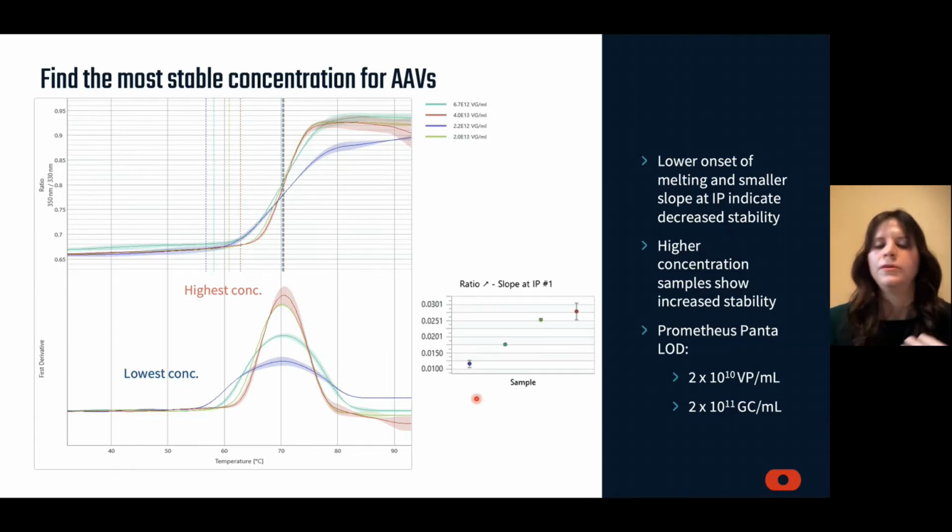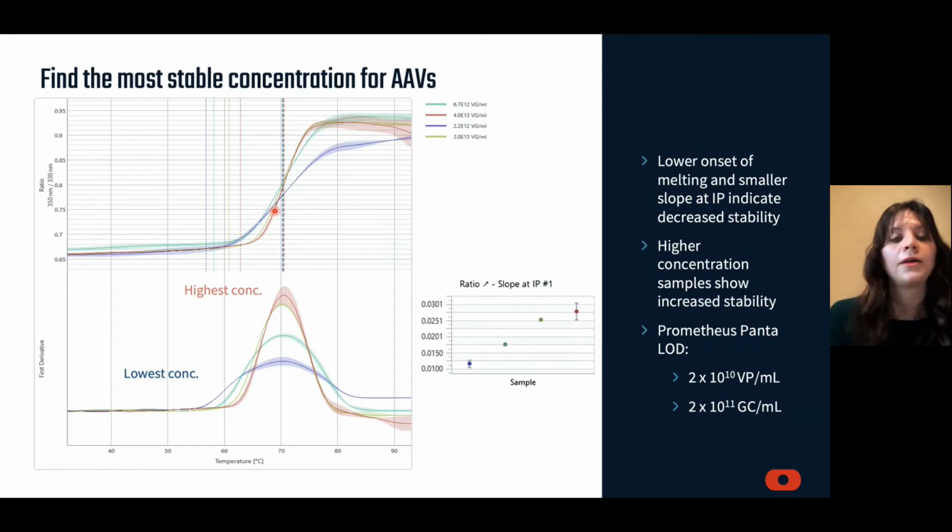compared to another sample. However, the counterpoint is that this low concentration is 2 times 10 to the 12th vector genomes per mL, and it does show that we're still getting the same melting temperature when that measurement is taken.